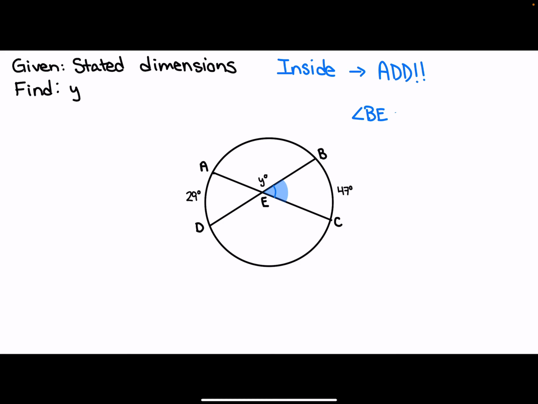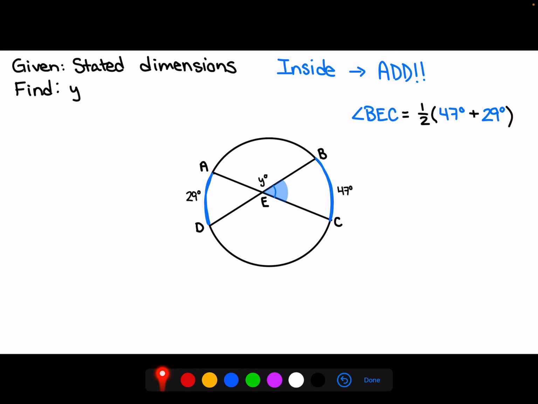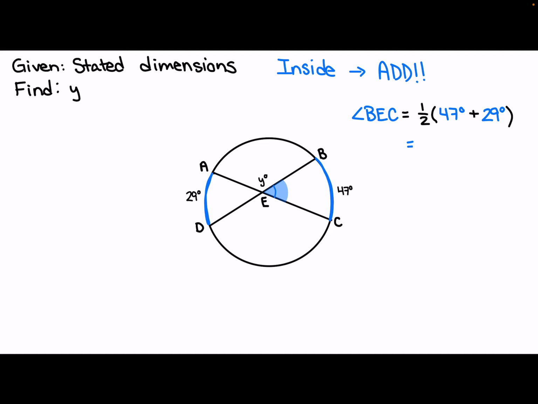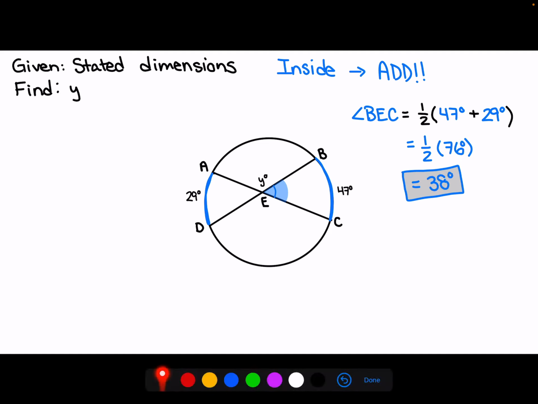So angle BEC is equal to 1/2 of 47 plus 29. Well, 47 plus 29 is 76, and half of 76 is 38 degrees. But that's not y. That's angle BEC. But angle BEC and y are supplementary angles, because again, this is a straight line.